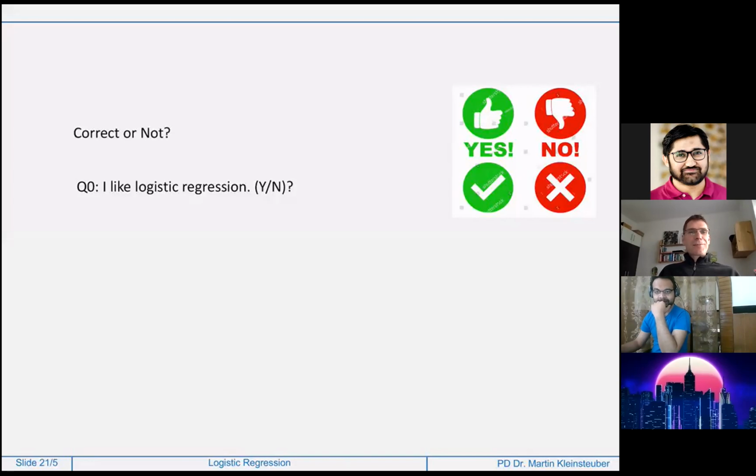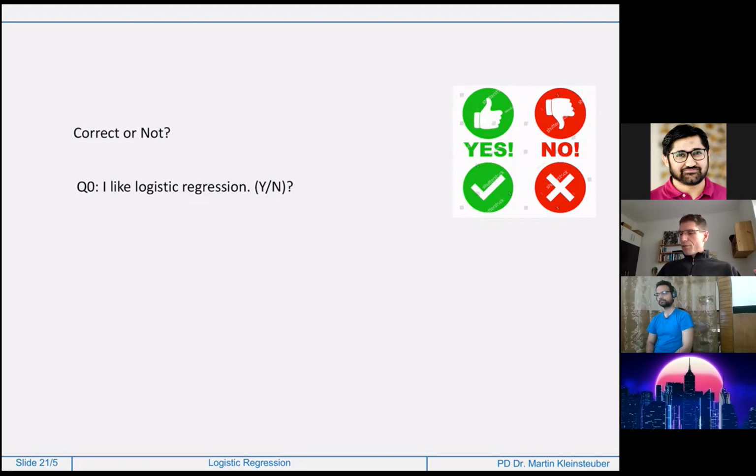If you want to discuss it, we could start and then write something in the chat, saying it's not good because the method is too easy. We only have a linear combination of the input variables and so on and so forth. But yes, I also like it because it's an easy method. It's quickly implemented, and it very often gives good results. So I actually like it. And if you have a classification problem and you don't know anything better, you should probably start with a logistic regression approach. That's my advice.